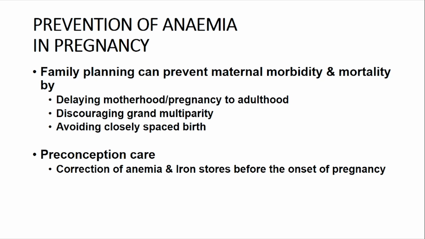Also, preconceptional care is germane in the management of a patient with anemia in pregnancy. With preconceptional care, anemia can be corrected, and iron stores can be checked before the onset of pregnancy.